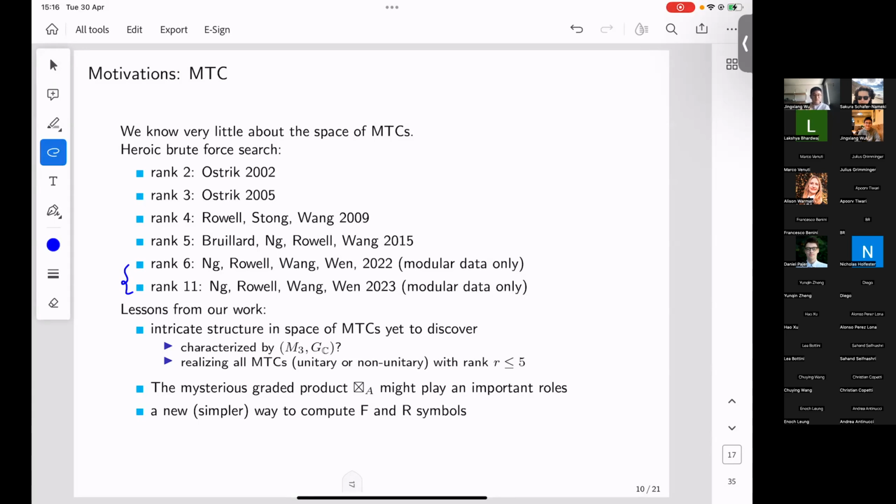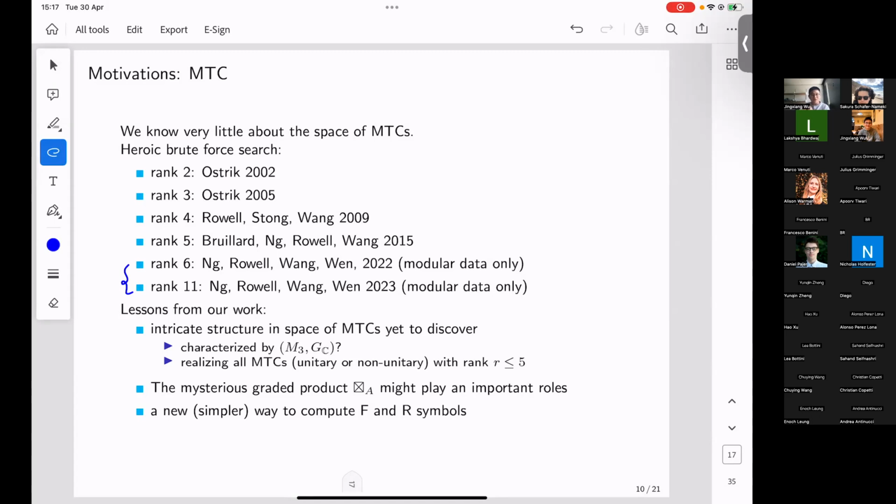So if the proposal we propose is going to work, it teaches us many things about MTCs. For example, it tells us that many MTCs, maybe a large chunk, maybe it's not crazy to say maybe all of them, are actually characterized by 3D geometries together with the choice of group.